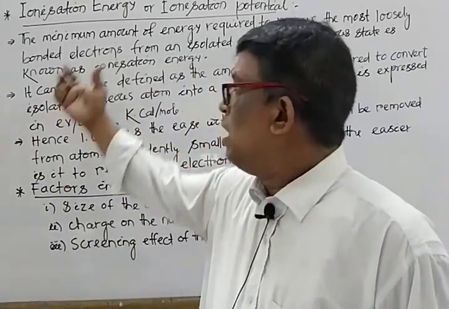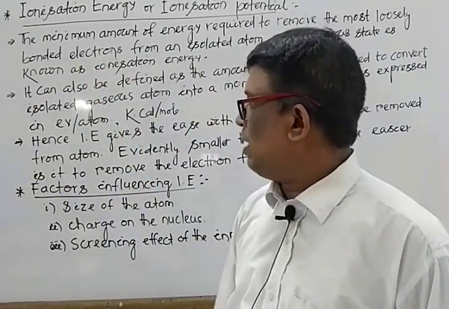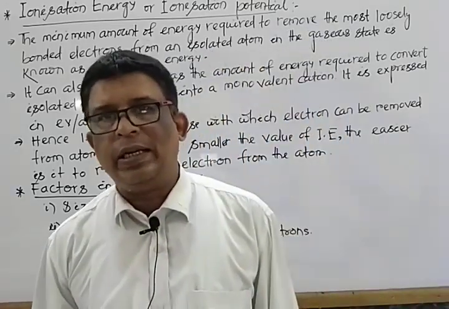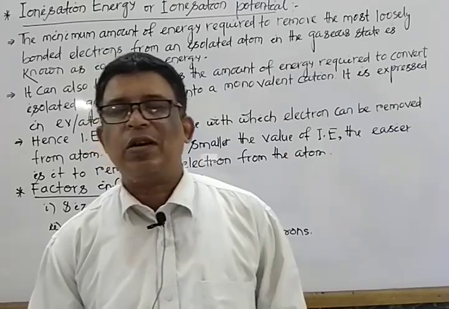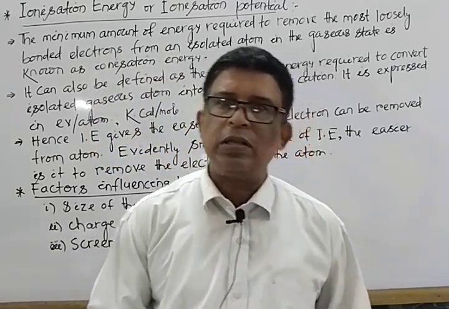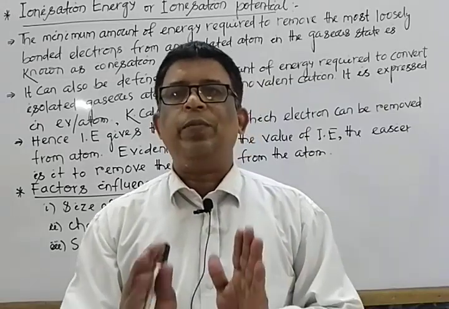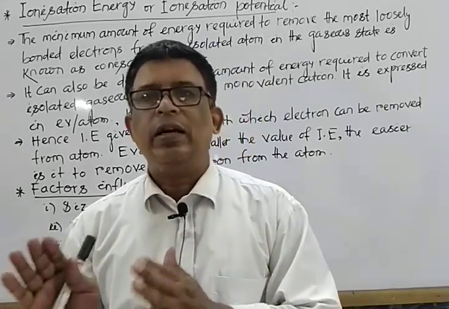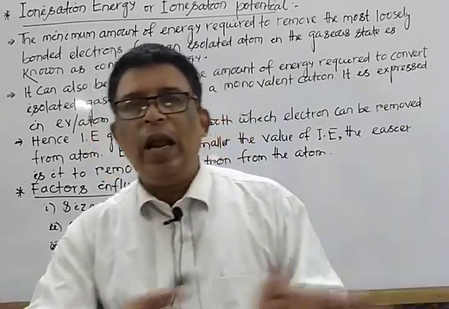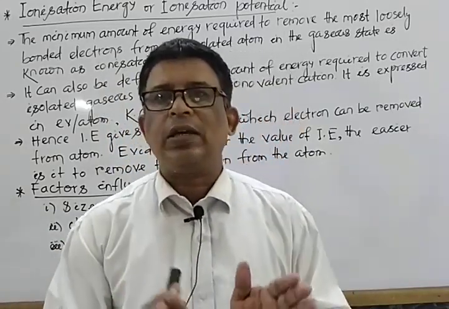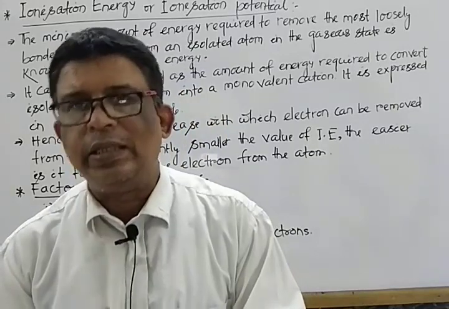This is all about the definition of ionization energy or ionization enthalpy and the factors affecting it. Next we discuss variation. Already we discussed, that means from top to bottom ionization enthalpy gradually decreases, while from left to right across a period ionization enthalpy or ionization energy gradually increases.